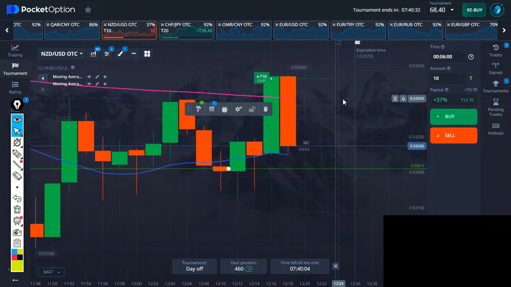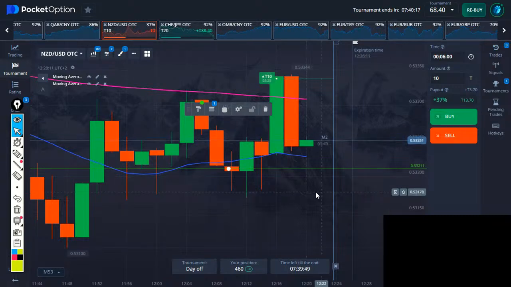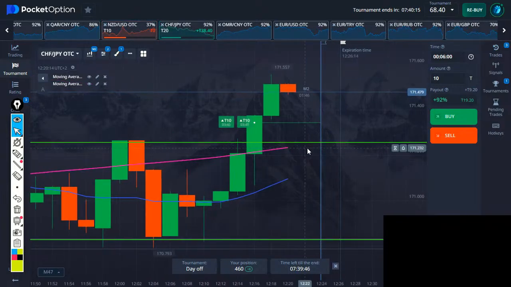Oop, it's rejecting. Let's see if the buyers are gonna kick in again. Let me check on this one. Beautiful trade. Three more, 3 minutes and a half left.